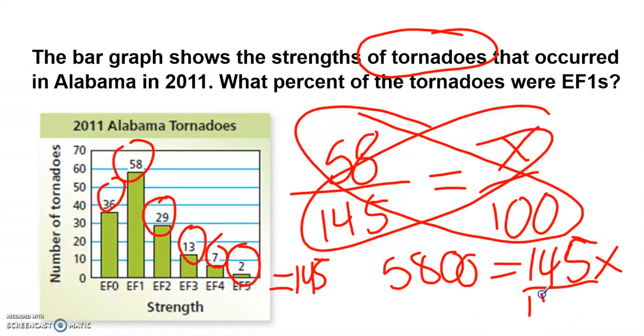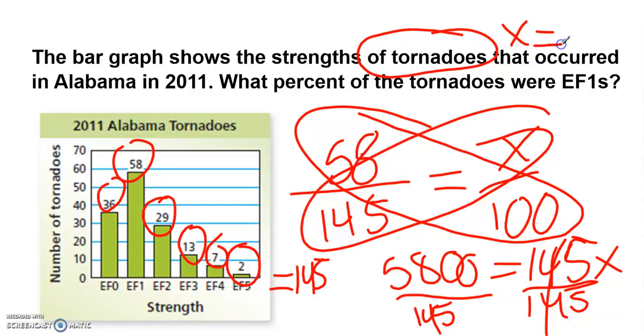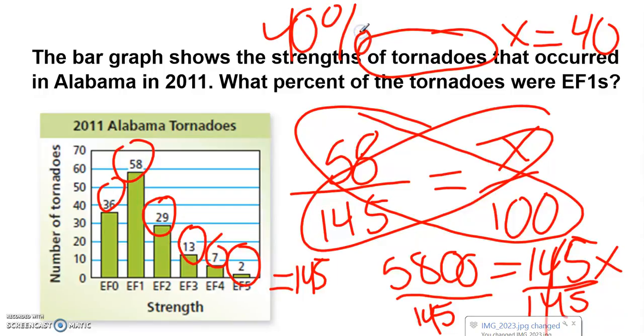Okay, and then when I divide both sides by 145, I get that x equals 40. So, to answer this question, what percent of tornadoes were EF1s? It's going to be 40% then. Which makes sense because that is such a high number. So, if you added all of these up, about 40% of them were EF1s.